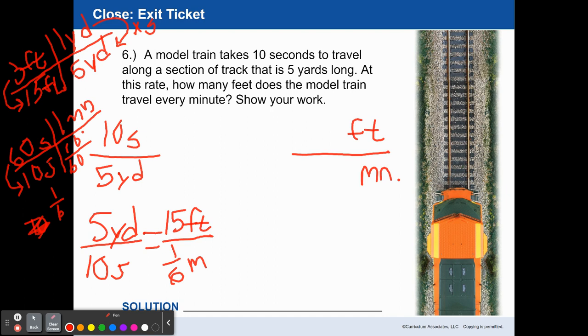So we can continue on from there. I don't want to go over too much of how to do the problem, but this is one way to work it: convert first, and then once you have your conversion, figure out your rate from there.